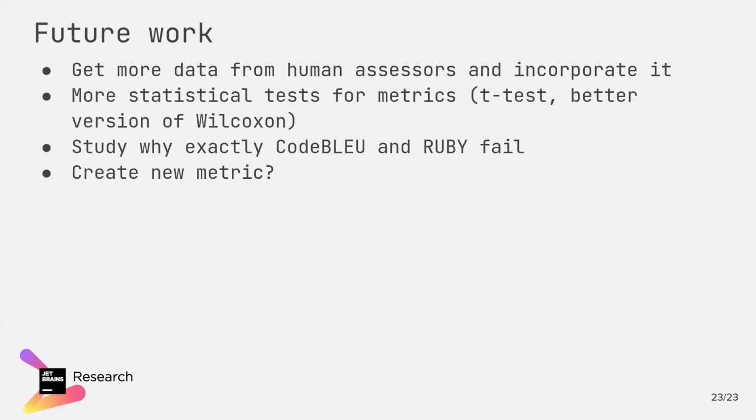If you want to have some metric to improve your code generation model during the training, you should probably use METEOR because it seems to be the best performing metric. And there are many pitfalls in creating a metric and understanding whether the metric is good or not good.